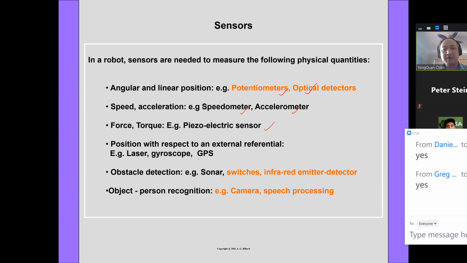And of course, you have heard about GPS, external referential, laser gyroscope, and things like sonar. You have a limit switch, so if you hit something, it generates a signal. Or you have a proximity sensor. Remember last time we talked about this proximity sensor. And sometimes you use a very simple infrared emitter and detector.